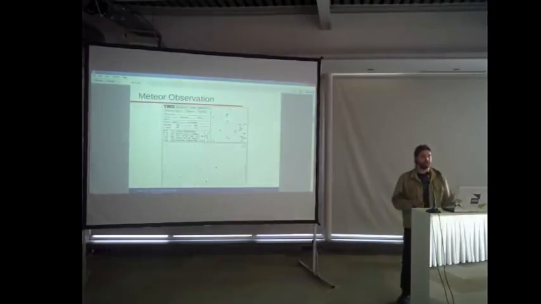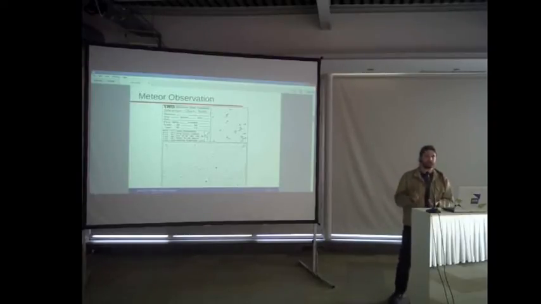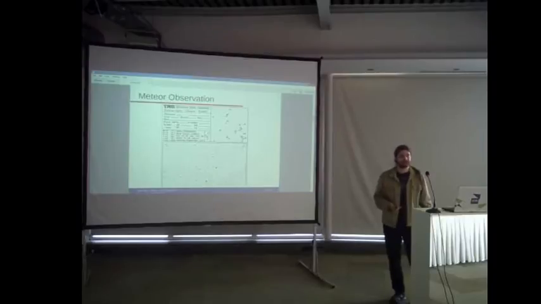But they are trying to get rid of the bias that cameras have, which is a very shallow magnitude, by introducing different kinds of observation, including radar, micrometeorite detectors, and even telescope observations.